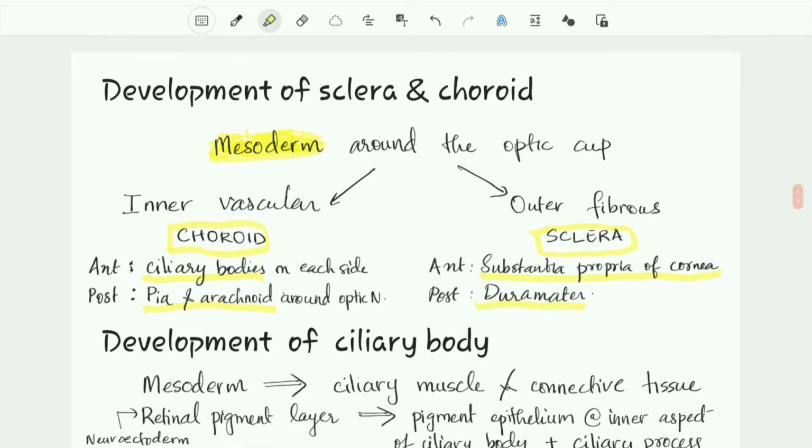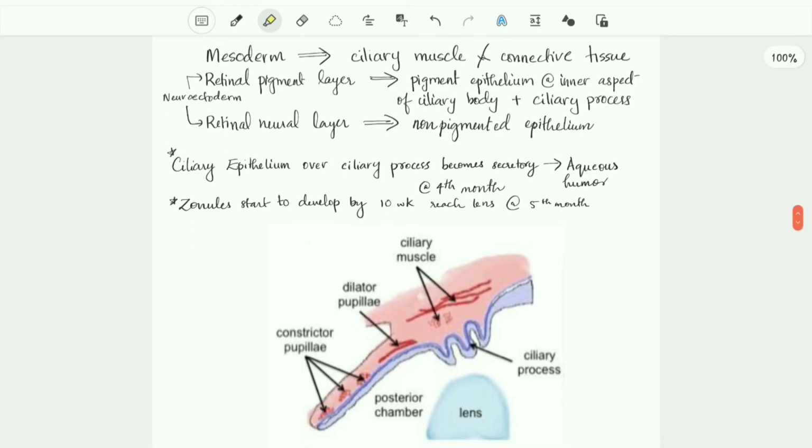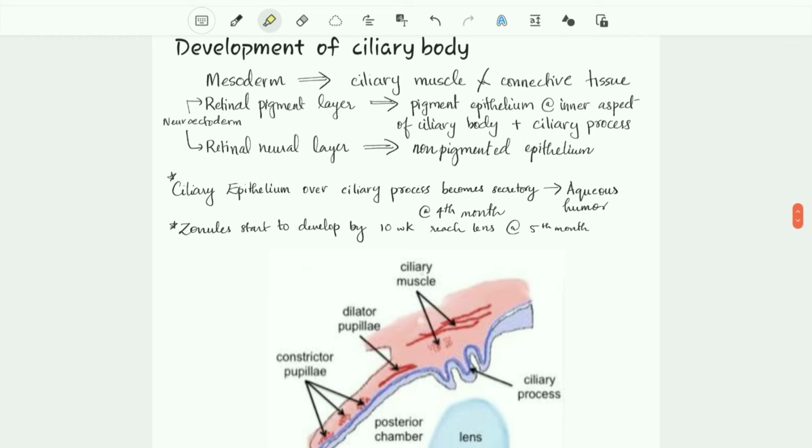Now, the development of the ciliary body, which we have discussed, is the extension of the choroid anteriorly. Now, let me show you the ciliary body. Here you can see the ciliary muscles and the connective tissue are derived from the mesoderm. The retinal pigment layer lines the inner aspect of the ciliary body and ciliary process.